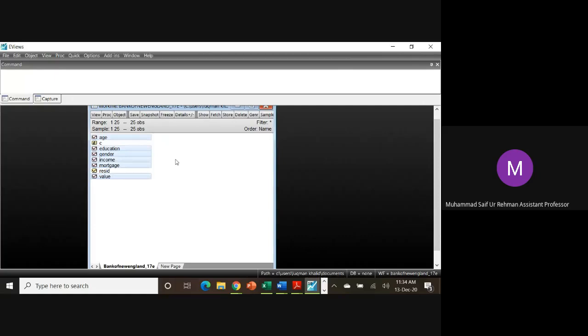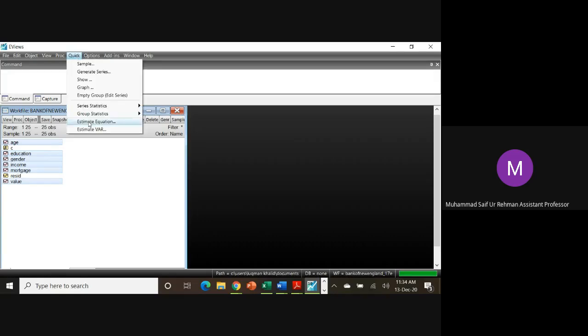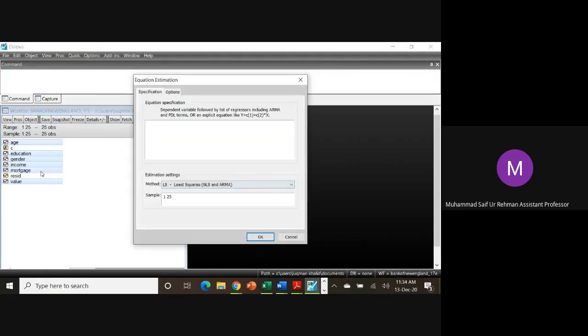So now I have taken this data here, and I am going to use all these explanatory variables to find out the regression results. How will I do it? Quick, estimate equation. The dependent variable is income. So you will write down here income, and then you will double click here.